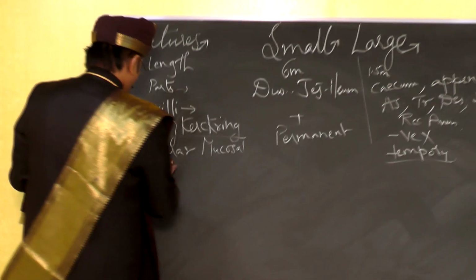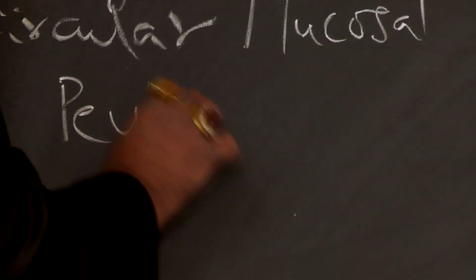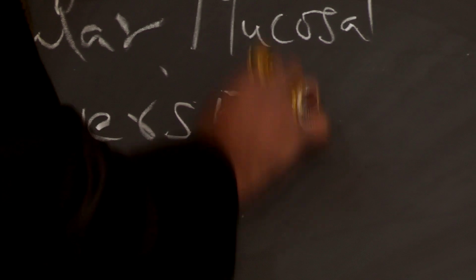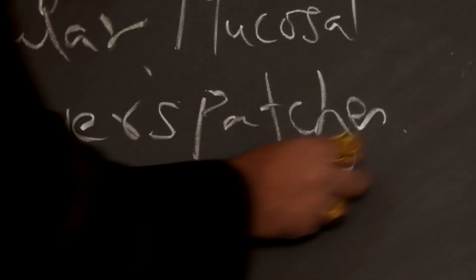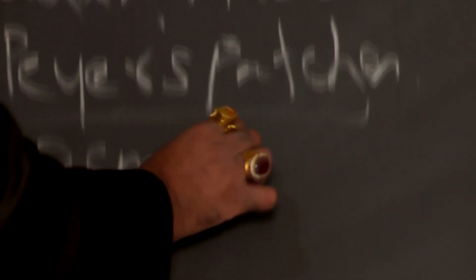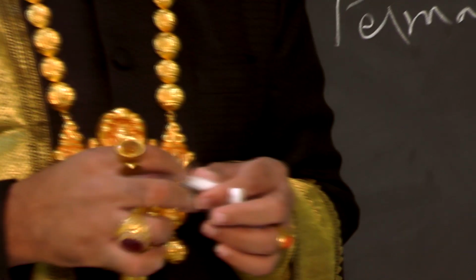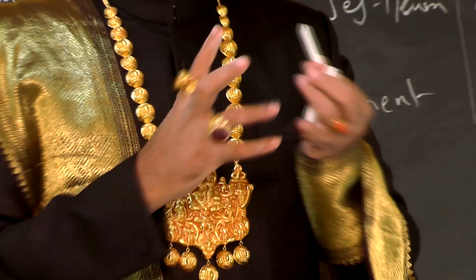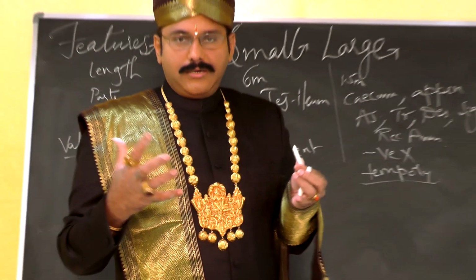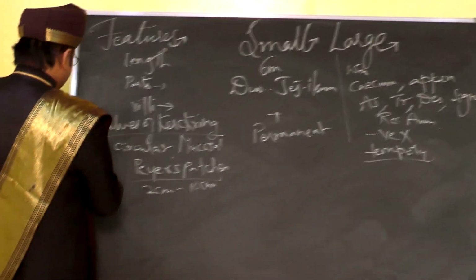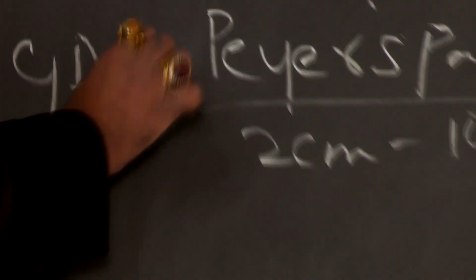And then you have Peyer's patches. Now what are Peyer's patches? They are aggregations of lymphatic follicles, from 2 centimeters to 10 centimeters, seen especially in the ileum. Peyer's patches are nothing but the GALT. What is GALT? Gut associated lymphoid tissue.